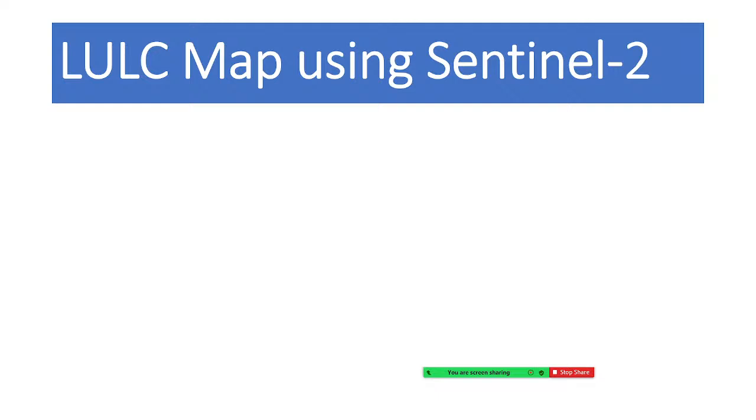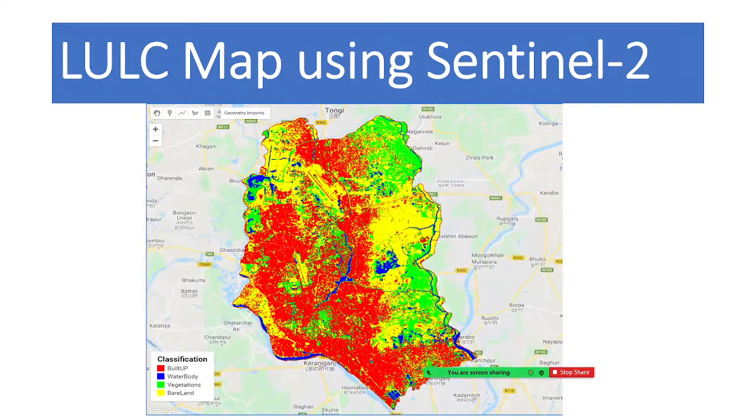I will use the Landsat satellite imagery there, but now I will also show you how you can easily make the land cover classification map using Sentinel-2 satellite imagery, and make a map like this with its legend. Here I use built up area, water body, vegetation and bare land.